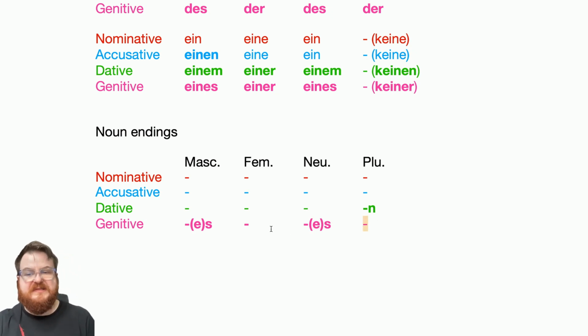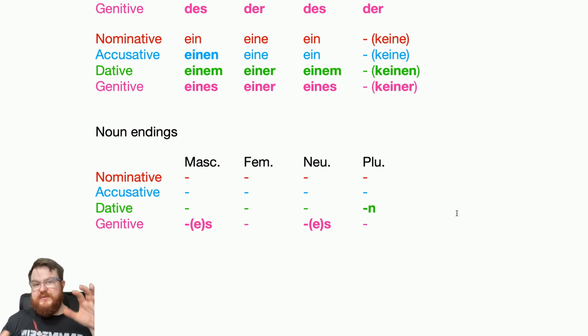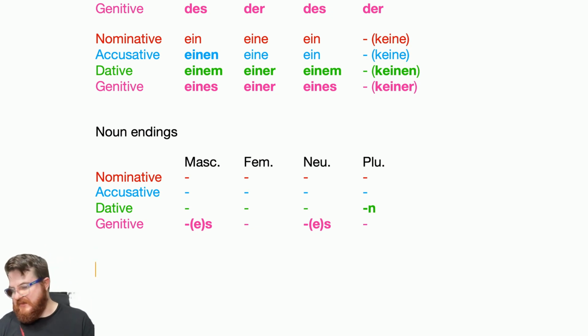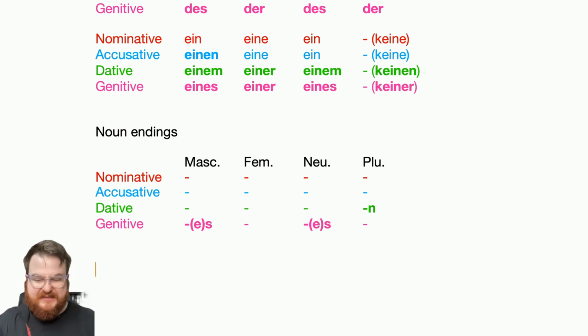Okay. So what this means is that if a masculine noun or a neuter noun is being used in the genitive, you'll put an S on the end of it, or possibly an ES. So if you have something that ends in S, can I think of something that ends in S? Oh yeah, okay, well, this isn't S, but it's der Satz.